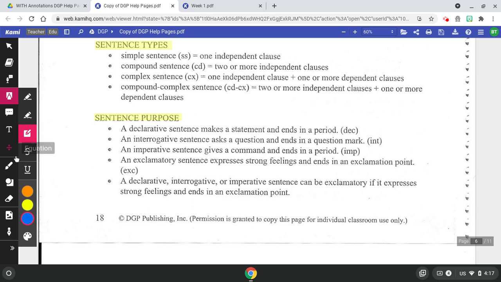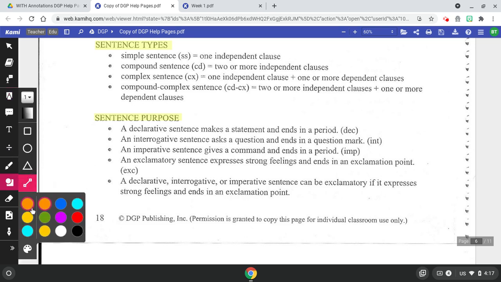I'm sorry, I got a little tongue-tied there because I wanted to think about a color to just say declarative. All right. And then interrogative, what does that do? Ask a question. Imperative sentences do what? Give commands. Exclamatory sentences express emotion or strong feelings.